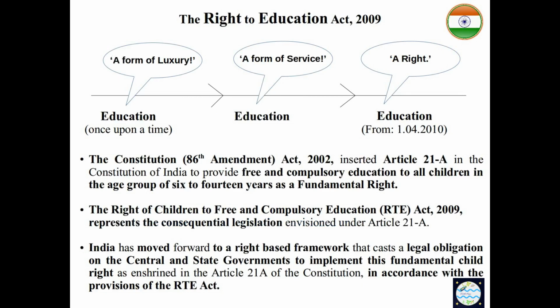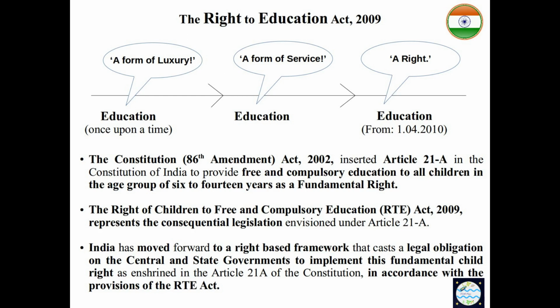The 86th Amendment of the Constitution Act 2002 inserted Article 21A in the Constitution of India to provide free and compulsory education to all children in the age group of 6 to 14 years as a fundamental right.